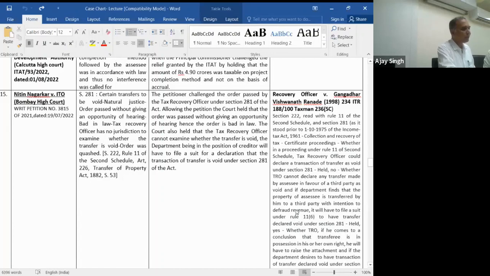One of the questions raised before the court was whether, on the facts and circumstances of the case, the learned Income Tax Appellate Tribunal erred in law in accepting the project completion method followed by the SSC, as the amount was due to the SSC in the year under consideration and therefore rightly assessed by the assessing officer. In this context, the Calcutta High Court upheld the order of the ITAT and said that the amount would be taxable in accordance with the project completion method followed by the SSC.